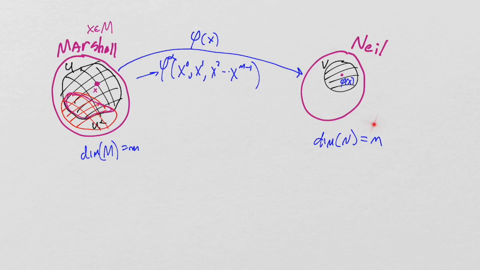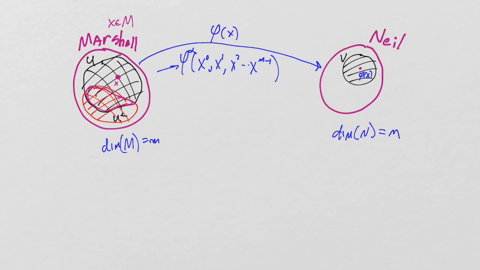So even though I say the new coordinates in Neal are functions of the old coordinates in Marshall, that does not mean this is a coordinate transformation. This is a function between manifolds. And the dead giveaway is that these manifolds don't have to have the same dimensionality, right? If it was a true coordinate transformation, you would be dealing with one manifold, and of course you'd have just as many coordinate transformation functions as you have dimensions in the manifold.